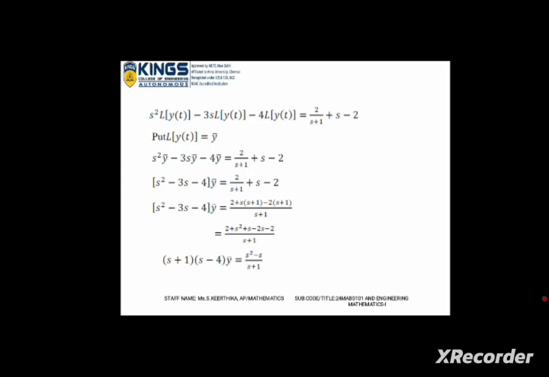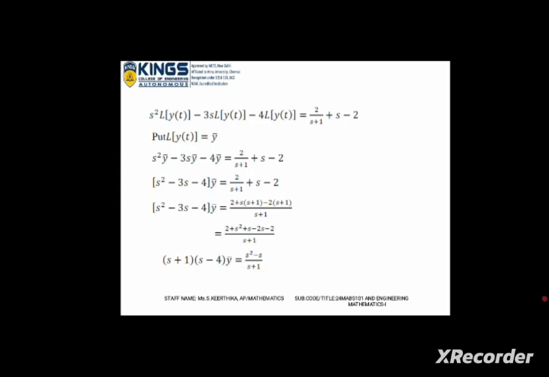Now we are going to write L of y of t as y bar. So s squared y bar minus 3s y bar minus 4y bar equal to 2 by s plus 1 plus s minus 2. Then we take the LCM on the right side.